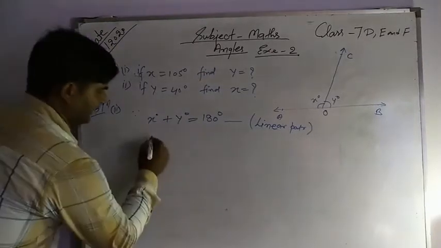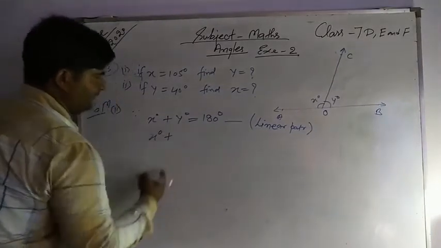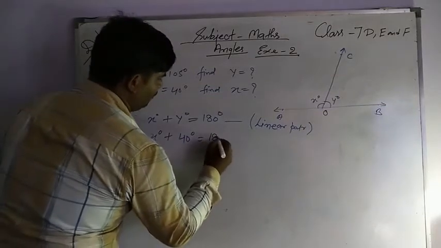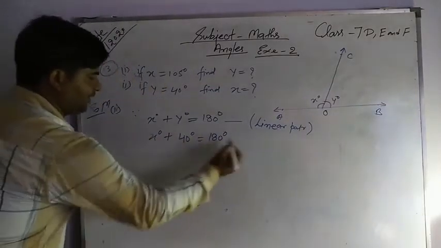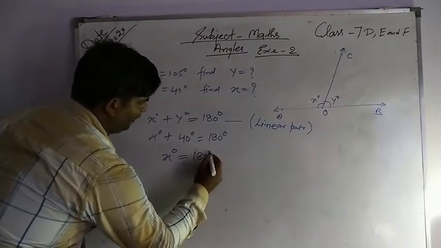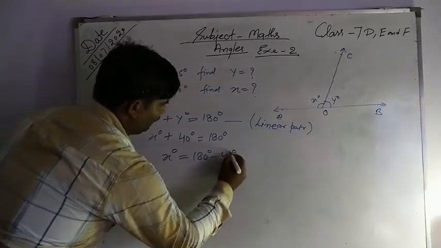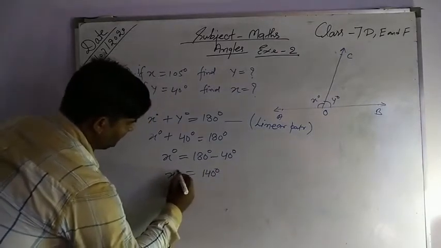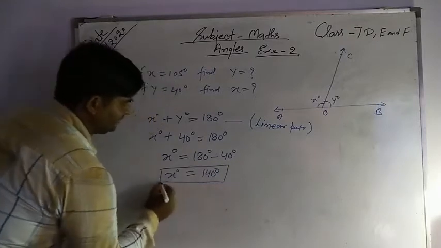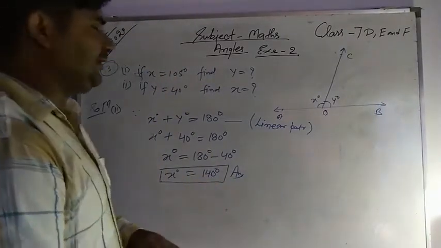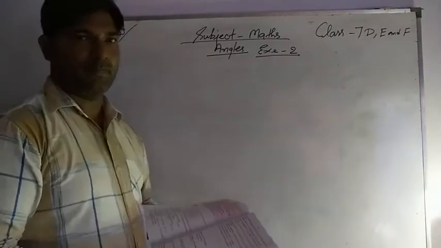So x degrees plus 40 degrees is equal to 180 degrees. Now we transfer this, then x degrees is equal to 180 minus 40, so it gives 140 degrees. This is the answer of the question. Like this you solve in your copy. Write this down.